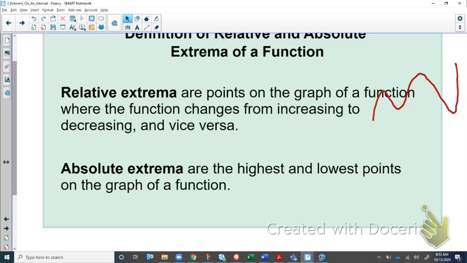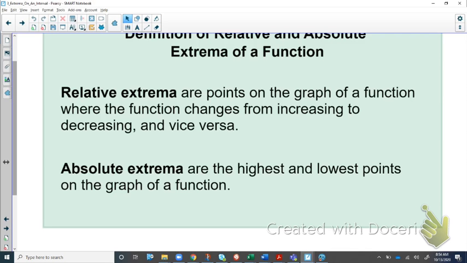So I could have a relative maximum here, a relative minimum here, a relative maximum here, and a relative minimum here. And a relative max and a relative min can be an absolute, but it's just looking at it from where it changes from increasing to decreasing or vice versa.